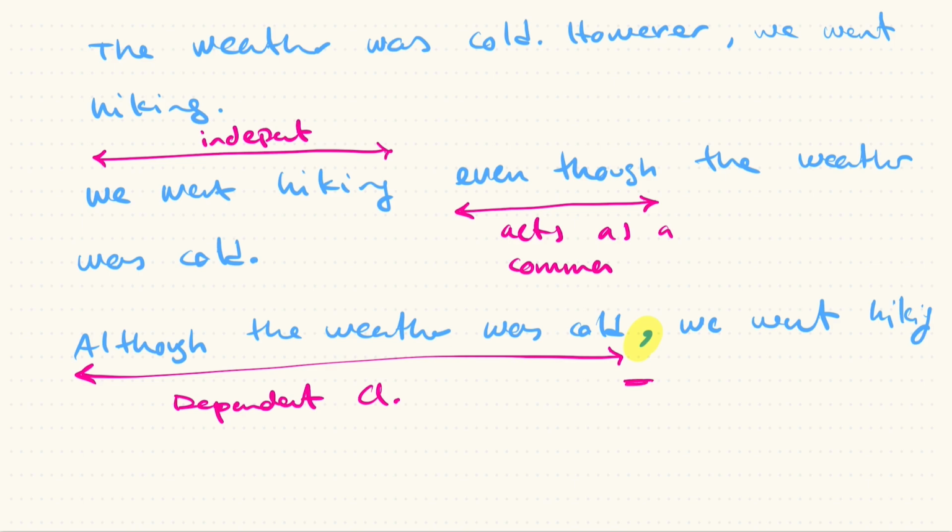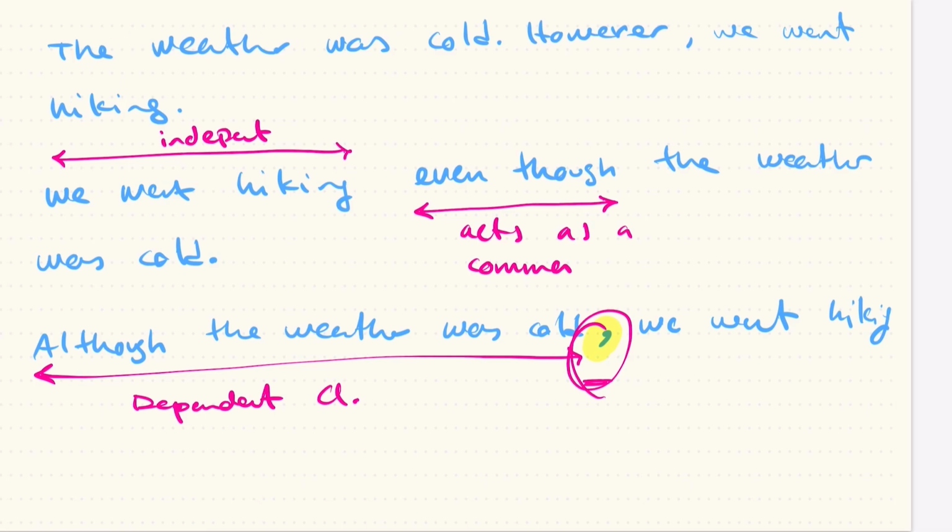And that's the main difference that you want to pay attention to. If you write your dependent clause at the beginning of a sentence, at the end of your clause, you need to put a comma right here and then continue on with the sentence, bring the independent clause and finish your sentence. And that's the entire formula.